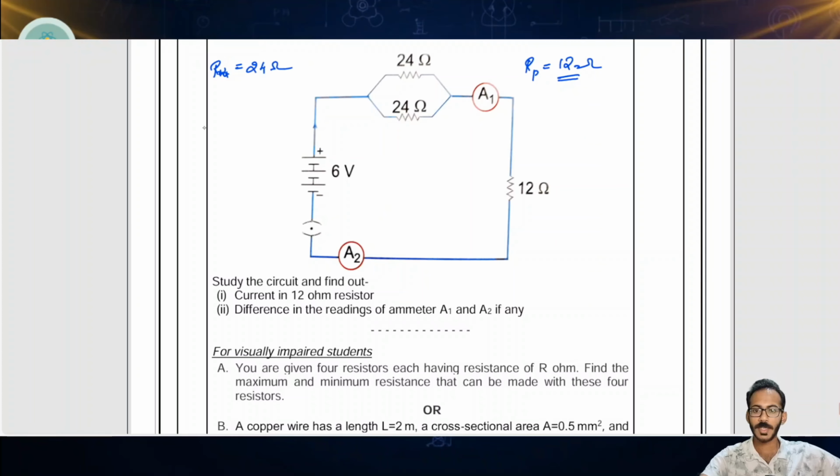Again, the total voltage or the total potential difference is given as 6 volt. Now we have to find out the total current I. I total is equal to what?